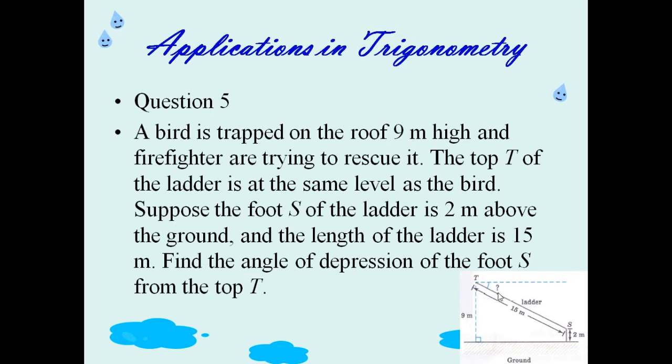But here you will find you can draw a right angled triangle and a rectangle to form a trapezium. This angle is the angle of elevation of the point T from S. You know that this angle is the same as this angle. So that means I can draw a right angle triangle here to find them.